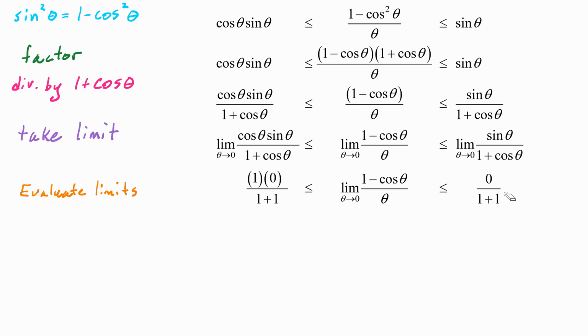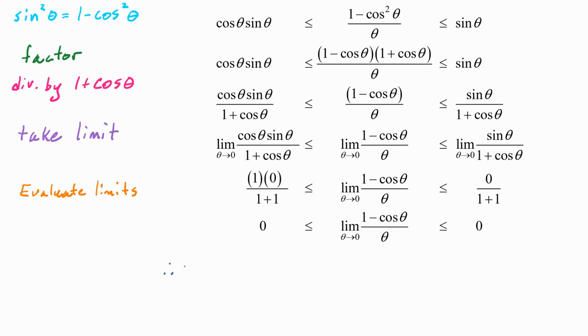Now simplifying, we get that 0 is less than or equal to the limit as theta goes to 0 of (1 minus cosine theta) over theta, which is less than or equal to 0. So even though we can't evaluate this limit directly, we know that it has to be between 0 and 0.